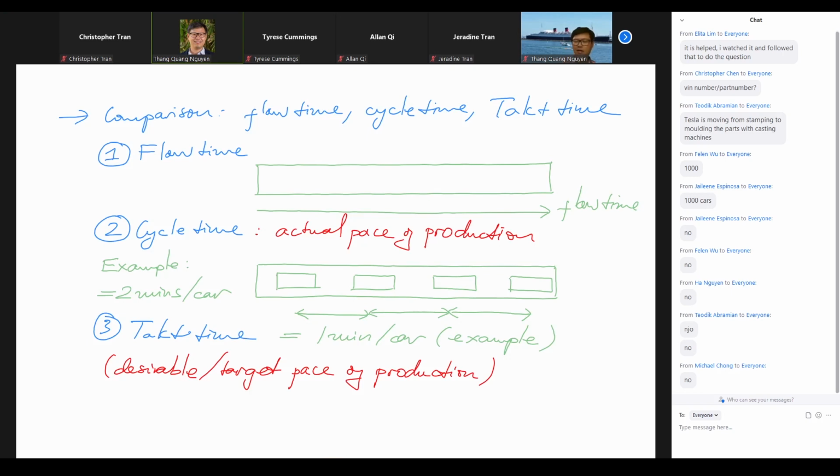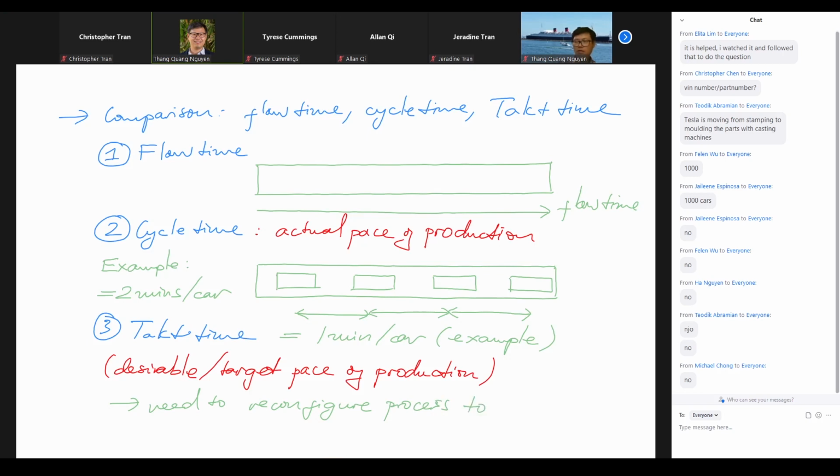So at the end of the day, we have a backlog of orders that we cannot meet. That's not good. So in that case, right, we need to reconfigure the process.